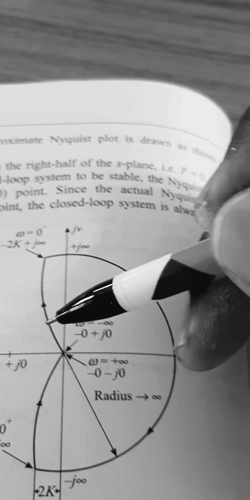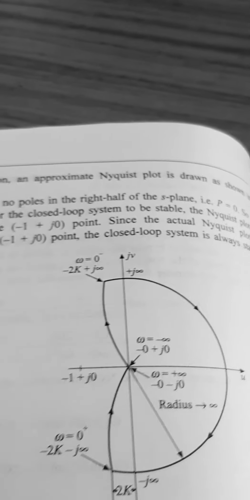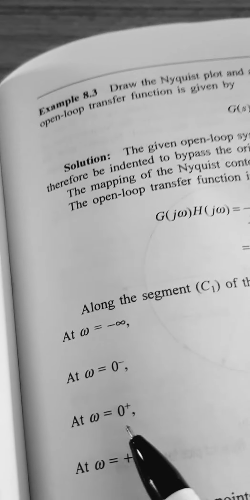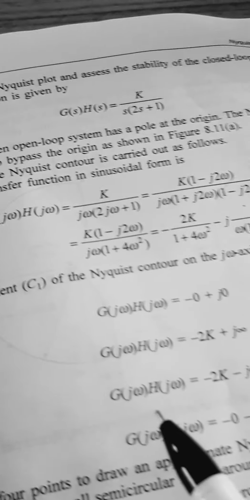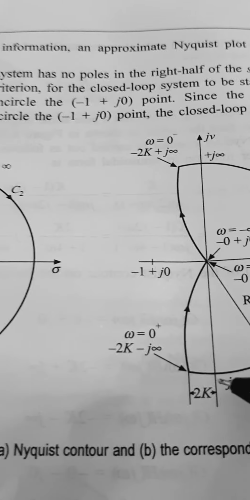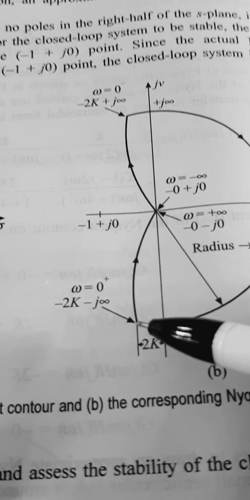Next, when omega is equal to 0 plus, it is minus 2k minus j omega, so you are getting minus 2k minus j infinity, a point here.